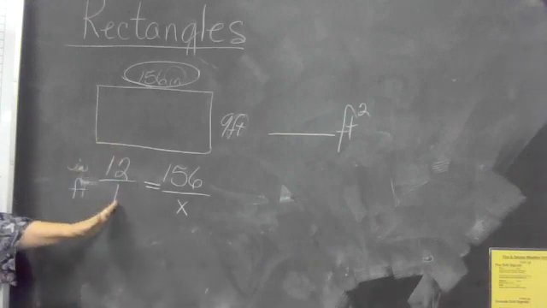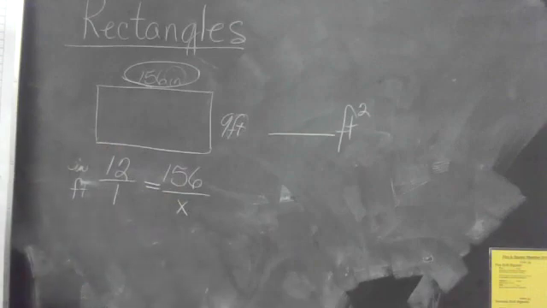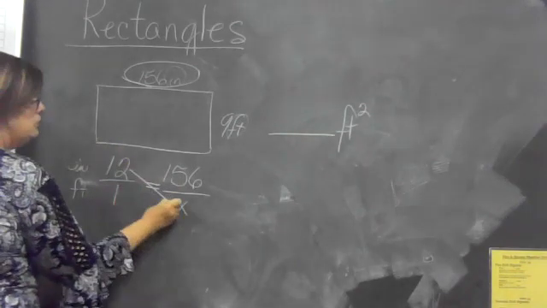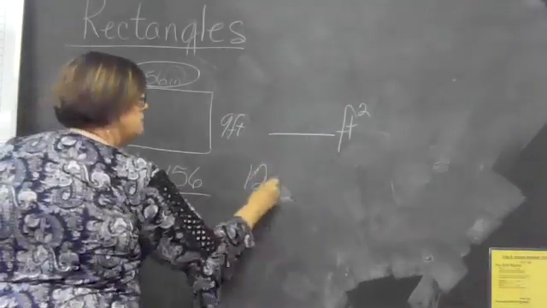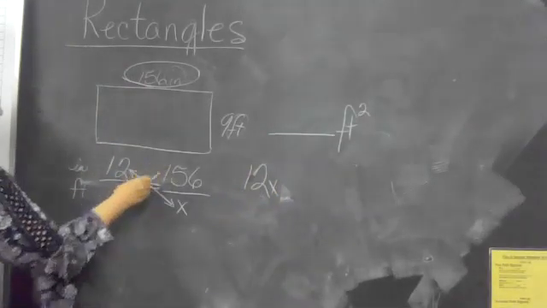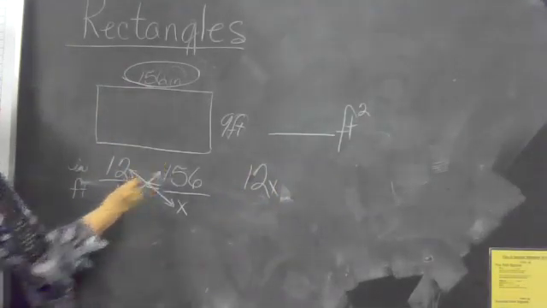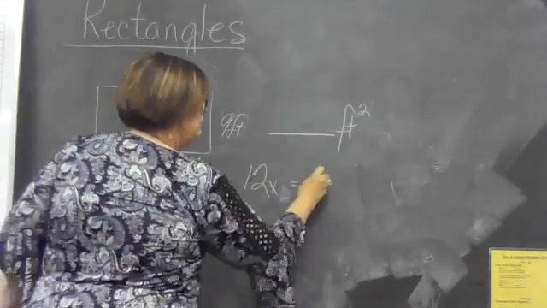When you have one fraction equal to one fraction, then this is always true. If you multiply these two together, which would be 12x, it will always equal what you get when you multiply these two together. Cross multiply. So 12x equals 156.